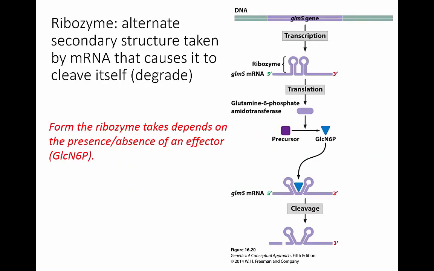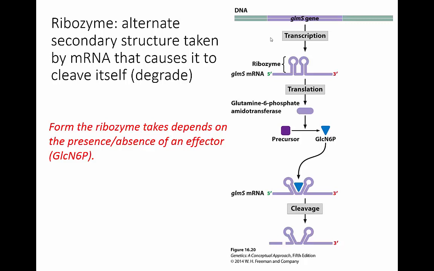So a ribozyme is actually an RNA that has catalytic activity on its own. And what happens in this particular gene is there are two secondary structures that the messenger RNA could take, and one of those causes it to actually cleave itself and break itself down.